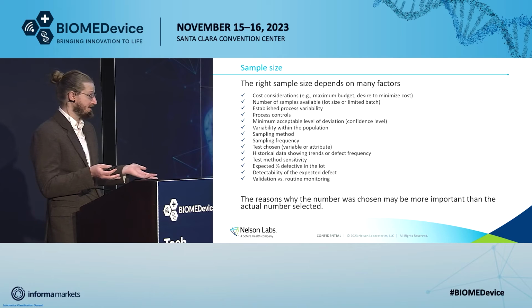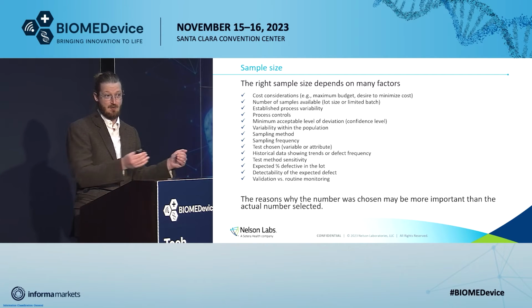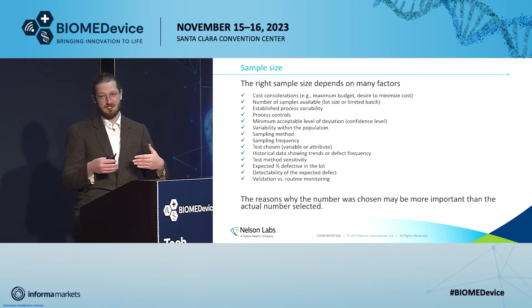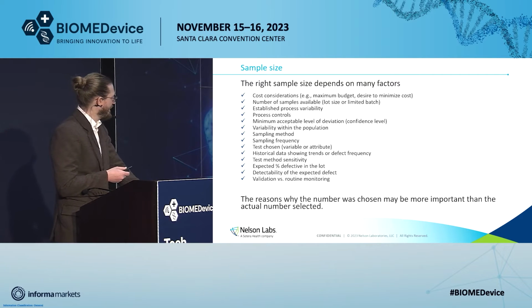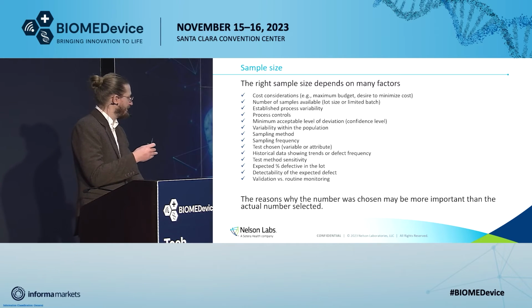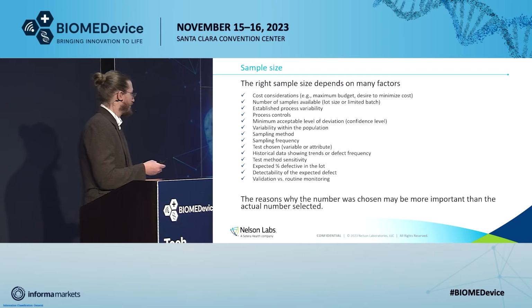If you have good process controls in place, though, that might help give you justification to say, the process for manufacturing this is really tight, it's really good, so that can be used as justification to reduce your sample size in some cases. If you have a minimum level of deviation, if your confidence level is set to a point where you understand exactly what needs to happen with it, then you can get away with lower sample sizes too.